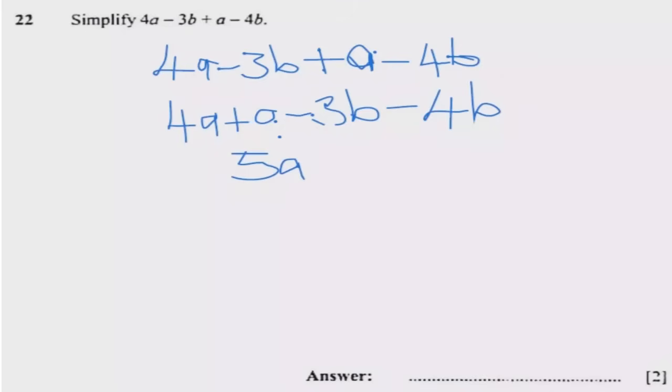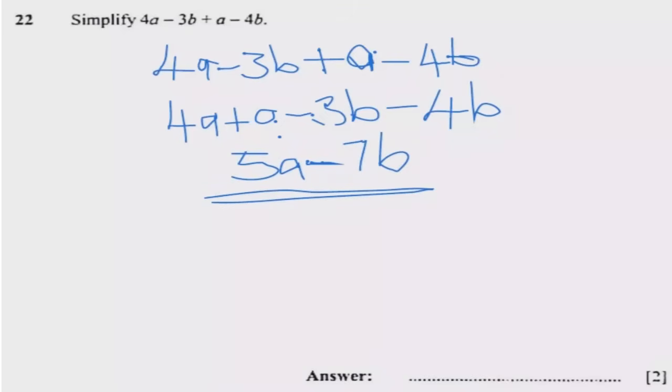Okay, so 4a plus a will give us 5a. Negative 3b minus 4b: since the signs are the same, we need to maintain the sign, which is going to be minus or negative. Then 3b plus 4b will give us 7b. So that is the answer. In that way, we have simplified the expression.